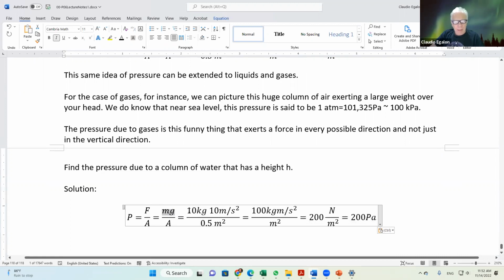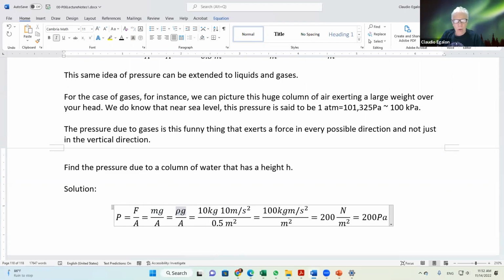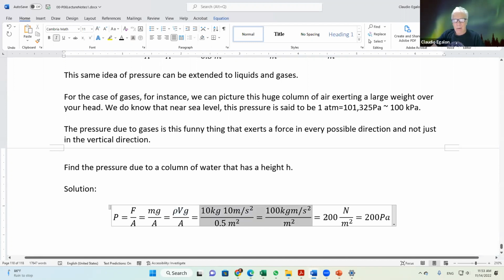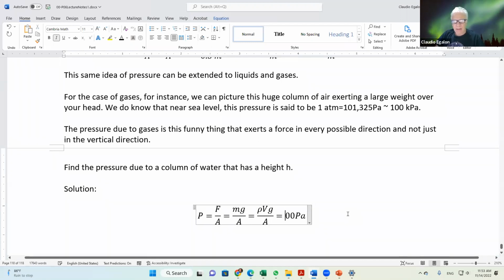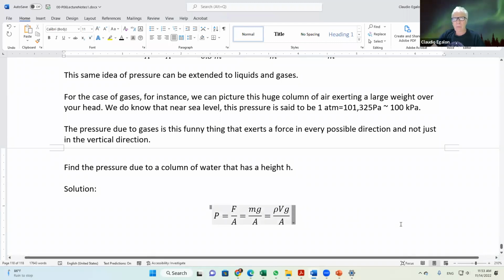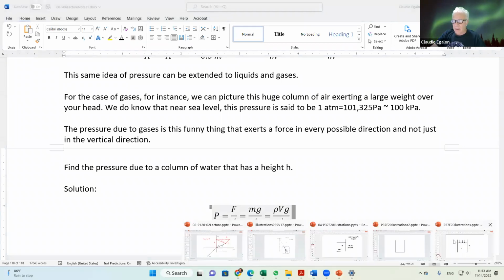But let's not forget that the mass of the water can also be written as rho times volume. Can you picture that? One of those funny things about physics and math: if we define the right thing, we can do some pretty amazing calculations and derivations.